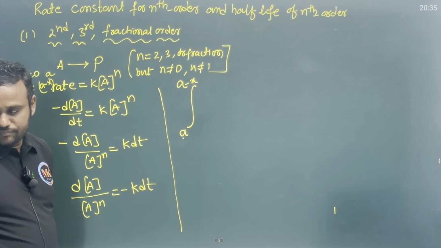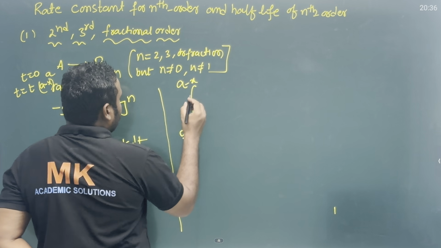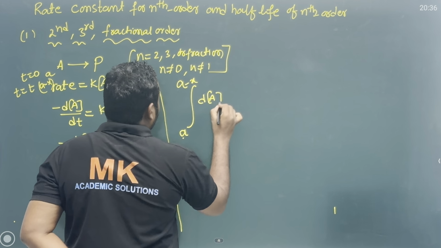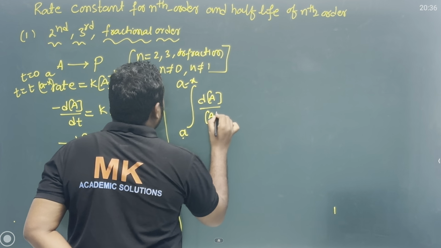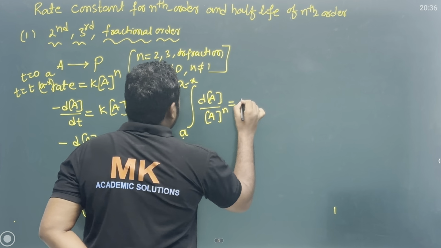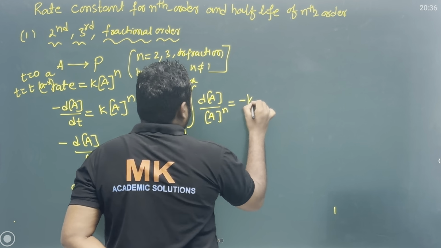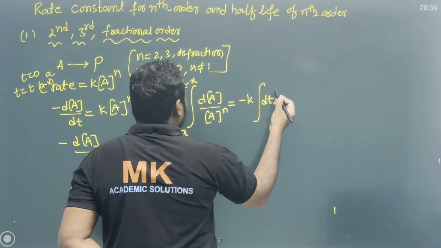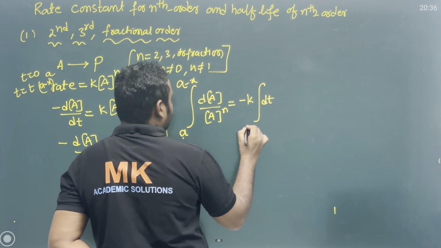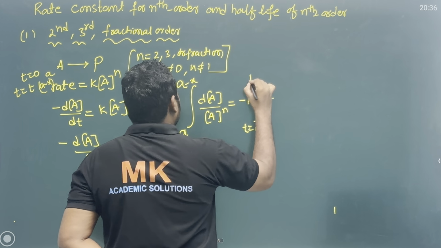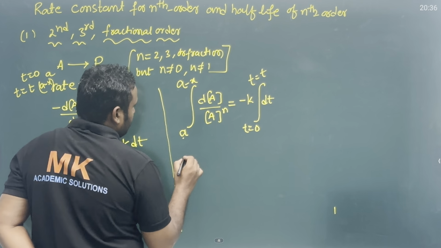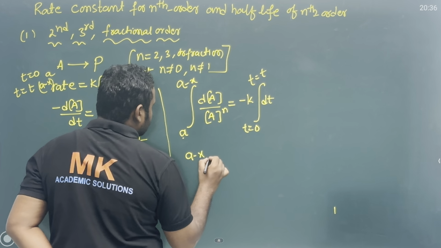So dA by A power n is equal to minus k dt, integrating from time t equal to 0 to time t equal to t, so this we can write as a minus x.